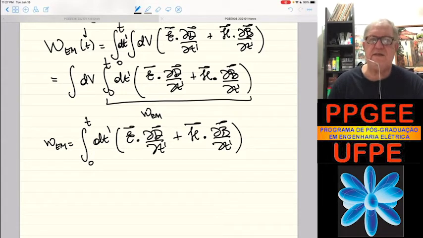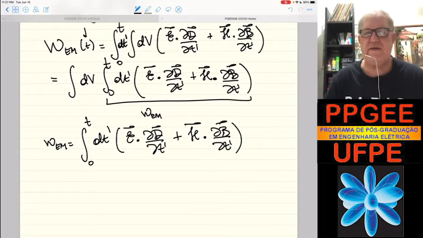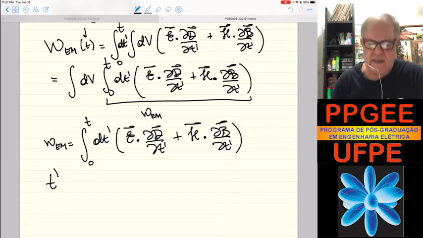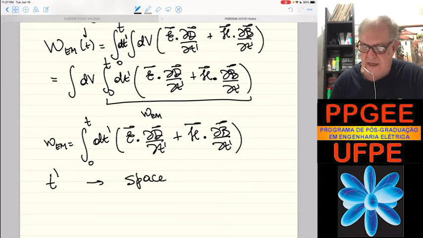Now we can make a change of variables. Instead of integrating in t, we integrate in the space of states.